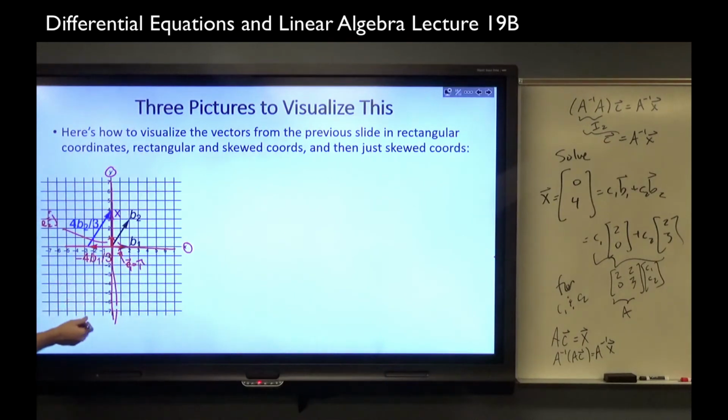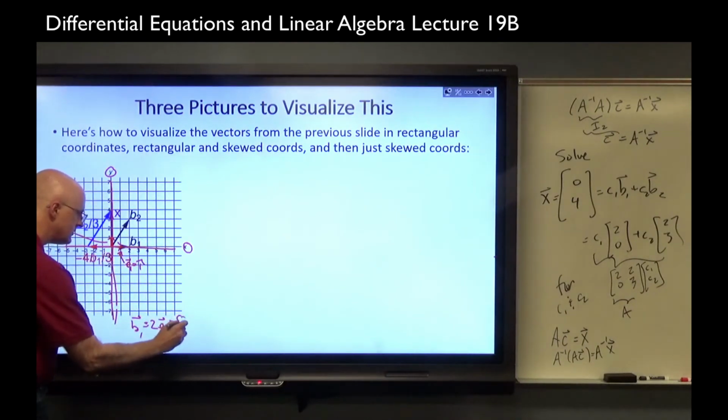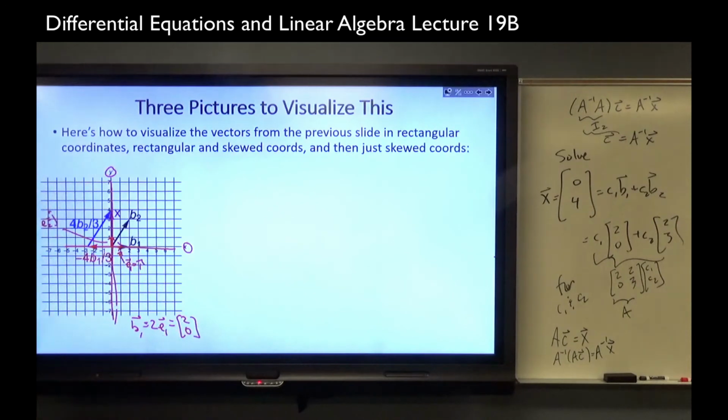B1 was 2 times E1, so B1 was 2E1, or 2, 0. B2 has components in rectangular coordinates 2, 3, really with respect to the standard basis.